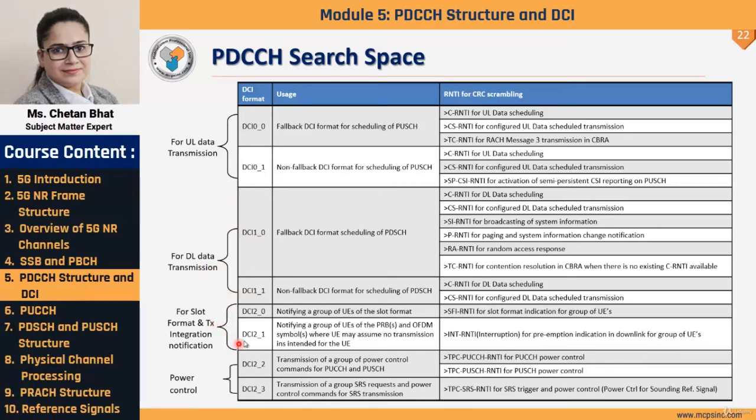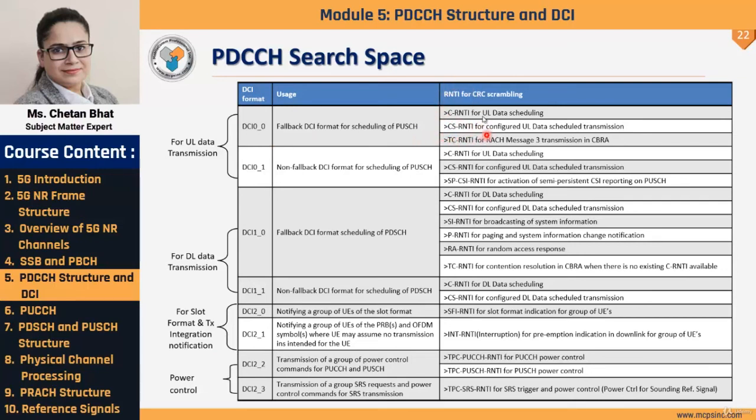DCI format 2 is defined for the slot format and transmission interruption notification. And then we have DCI formats 2_2 and 2_3, which are specifically for power control commands. DCI format 0_0 is for the scheduling of PUSCH, and associated with it we have different RNTIs.